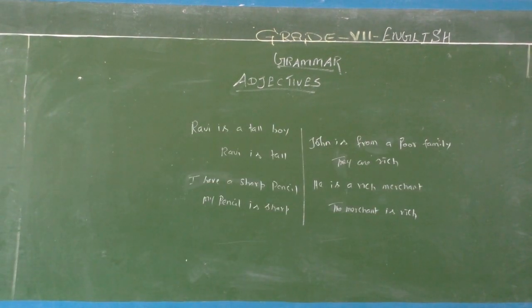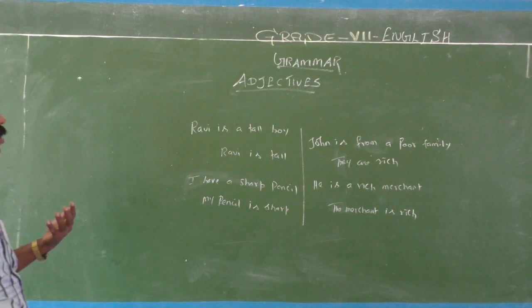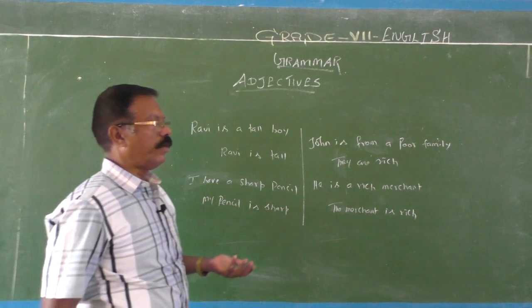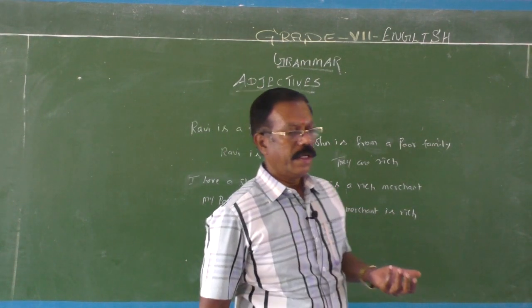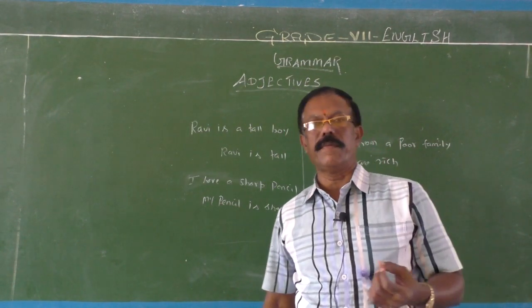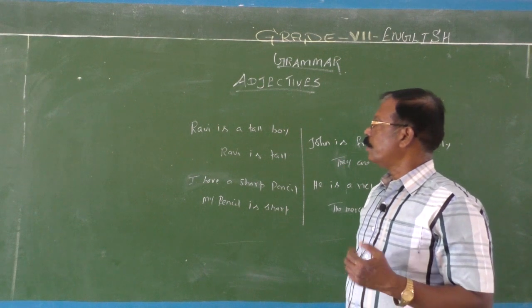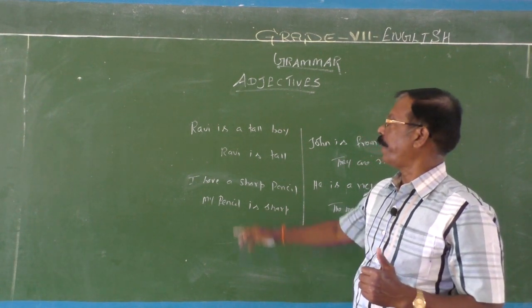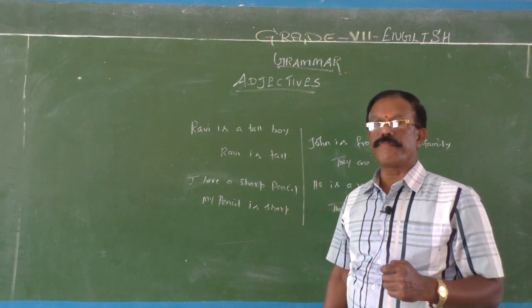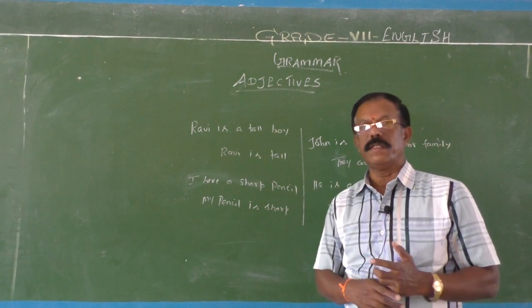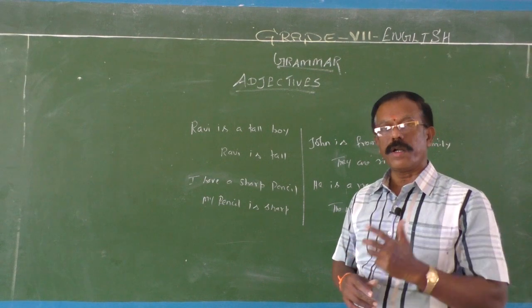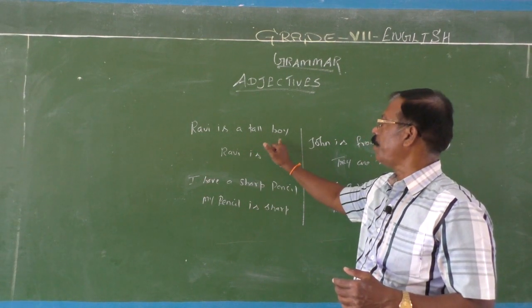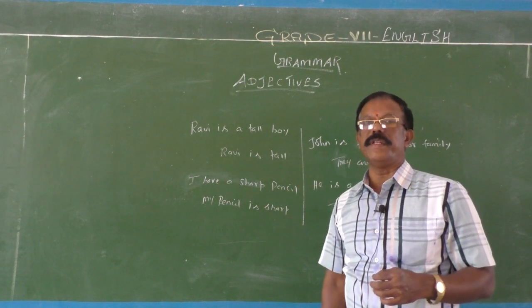Okay children, see, as I told you, an adjective can be used attributively and predicatively. Here I have given you some examples for the use of attributive and predicative. Ravi is a tall boy. In the example, tall is an adjective. It is used attributively because it describes the noun and is placed before the noun it describes.